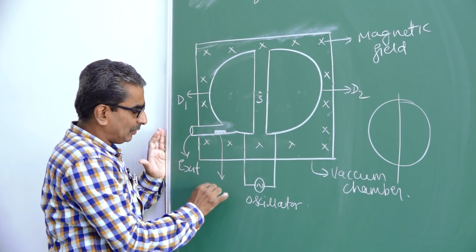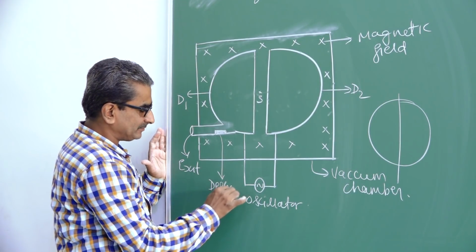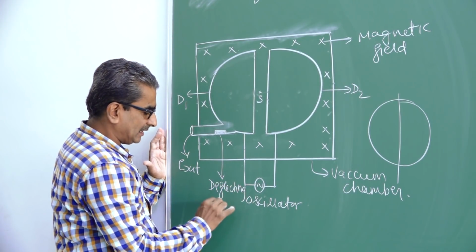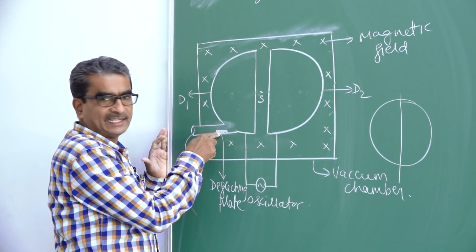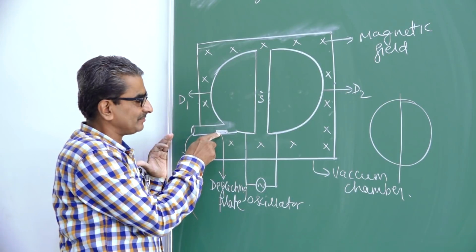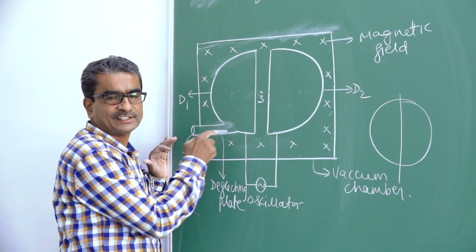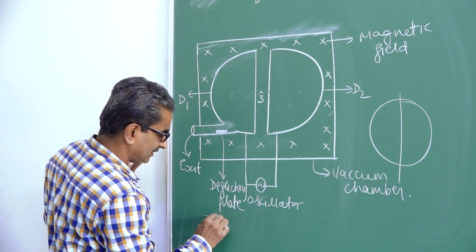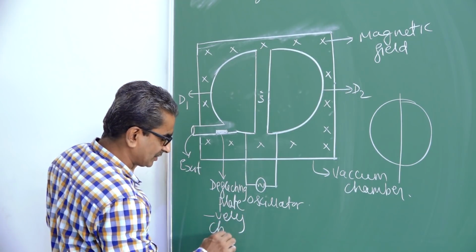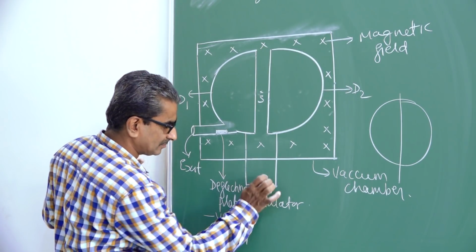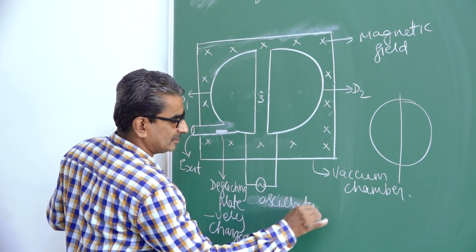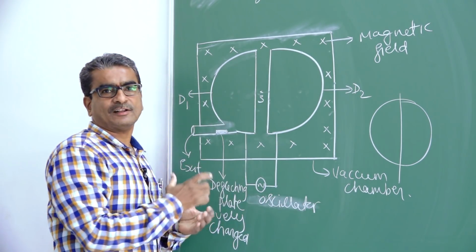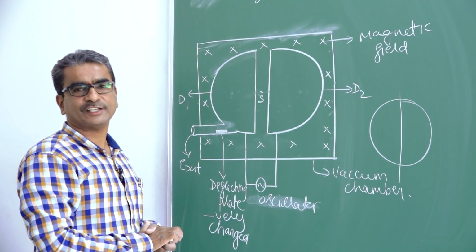And also one deflecting plate is mounted at this exit, and this deflecting plate is negatively charged. Okay, this is all about the construction of the cyclotron.